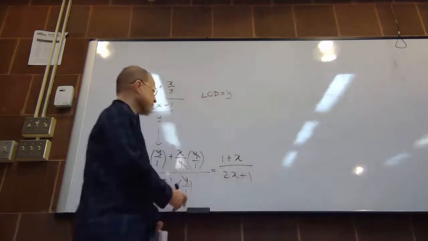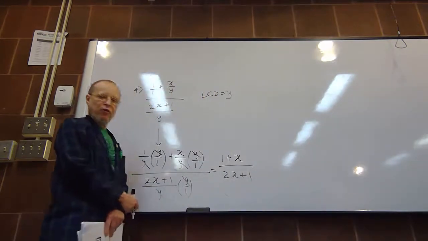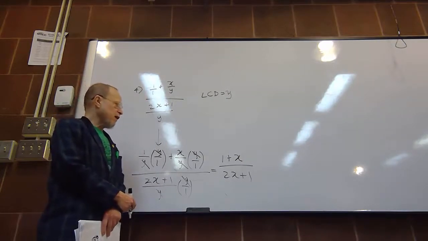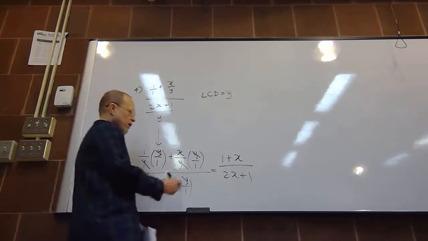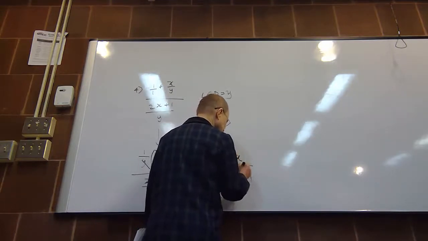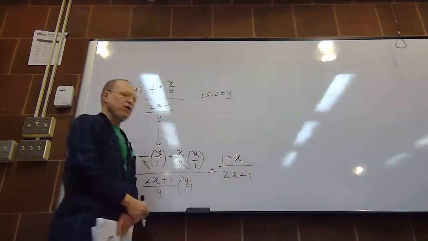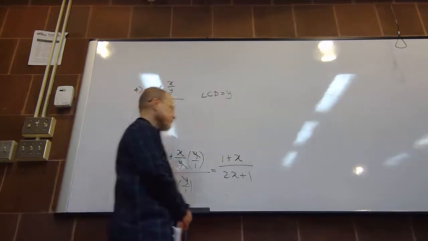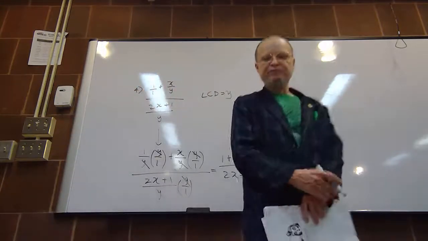And I can't simplify this any further. That's as much as I can simplify it. I cannot cancel out anything because there's a plus sign here and a plus sign here. So I am at the end. So this is my final answer.